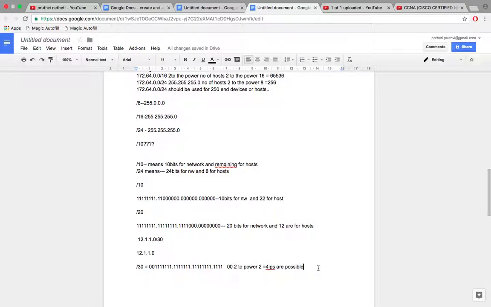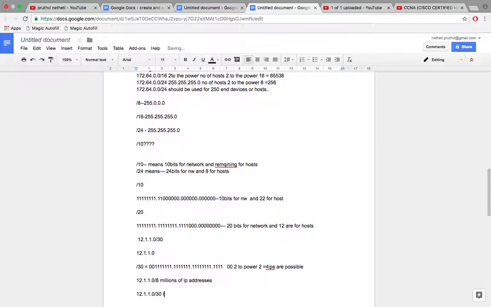So 12.1.1.0/8 as per a class rule has some millions of IP addresses, right? But when we want very few IP addresses, 2 or 3 IP addresses, we can take this as 12.1.1.0/30.